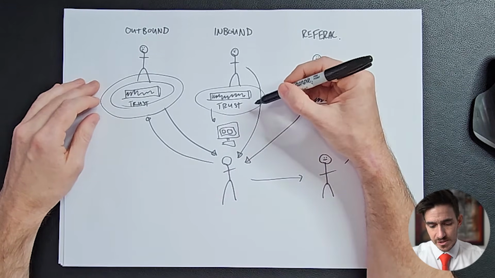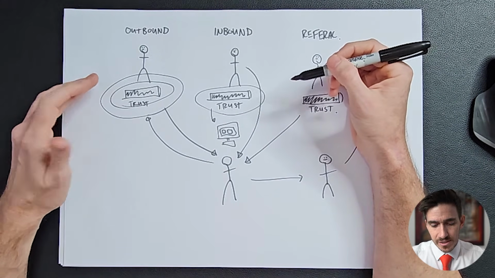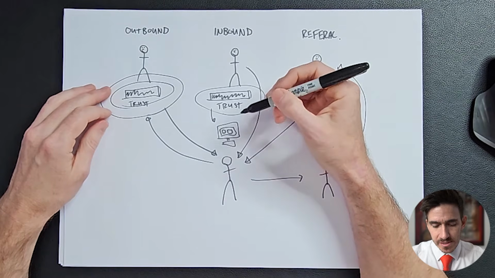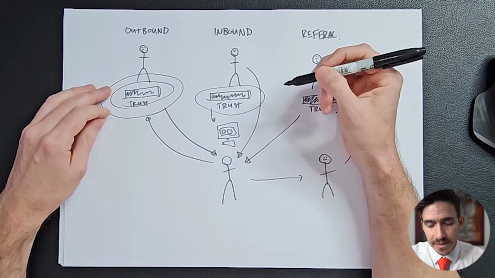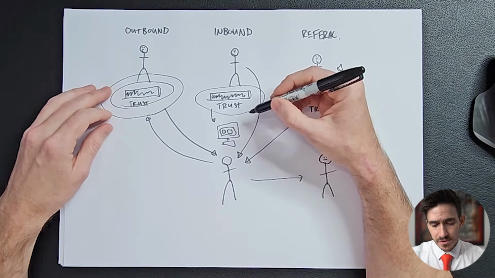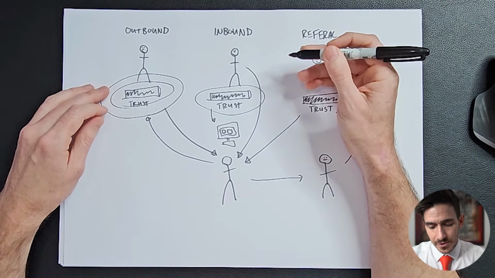Inbound can be a good strategy as well. In fact, it is a very powerful strategy on its own, but where most small businesses tend to struggle is staying consistent and creating good content consistently. Because if you just post 1 or 2 pieces of content, it's really not going to do much for you.